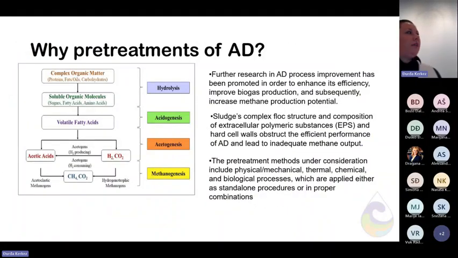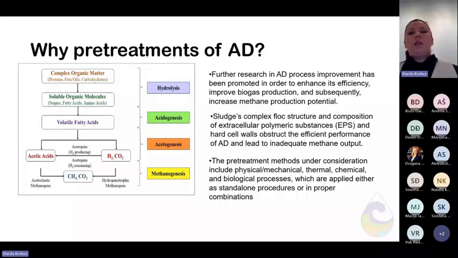On this picture are represented the basic 4 steps of the anaerobic digestion process. So we all know about hydrolysis, acidogenesis, and methanogenesis, and we are all aware that sewage sludge is very complex organic matter that needs to be deteriorated to soluble organic molecules, later on volatile fatty acids, acetic acid, and at the end methane and CO2.